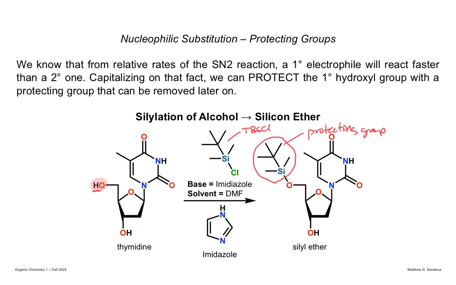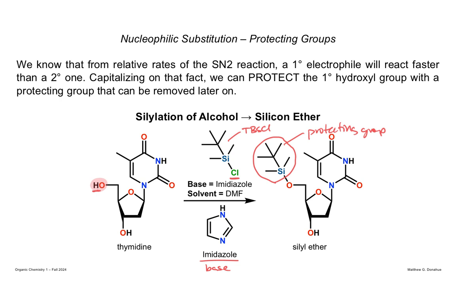So oxygen likes to form bonds to silicon. If you go to the beach and walk through the sand, it's a lot of oxygen silicon bonds in sand. So those are pretty stable. So you'll notice that in the reaction, there's an H and a Cl. The chlorine's the leaving group on silicon. And so this compound here, imidazole, is a base that neutralizes the HCl formed.